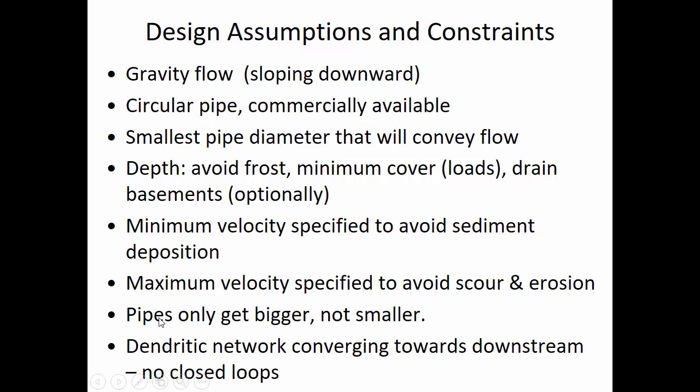It only makes sense, of course, that in a dendritic network, where in a sewer what you've got is lots of branches that are all headed towards the same outlet, the pipes are going to be getting progressively larger. And so you have these small little lateral branches that are taking the wastewater to larger secondary pipes and then primary pipelines.